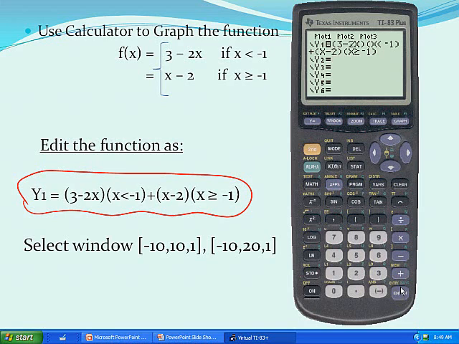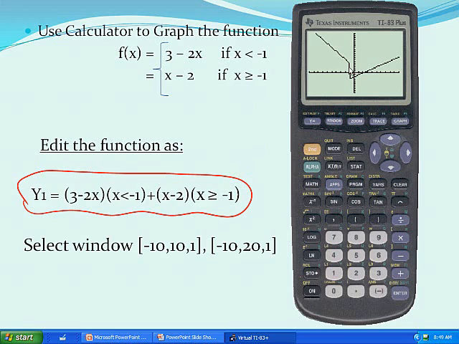Now we can select a window, something like -10 to 10 for x, with x scale equal to 1, and -10 to 20 for y, with a y scale equal to 1. If I press graph, I will get the graph of this piecewise defined function.